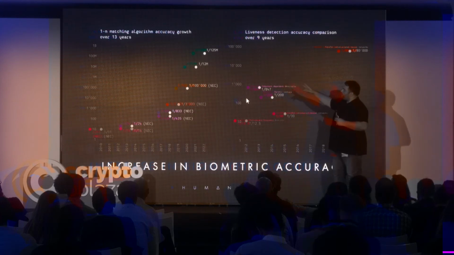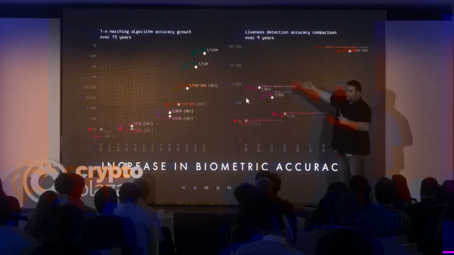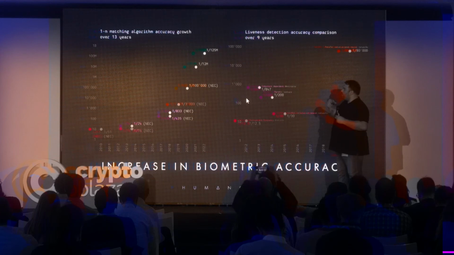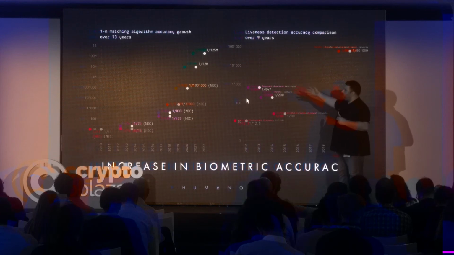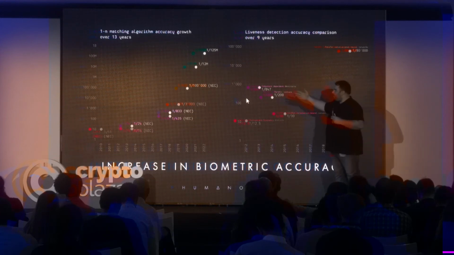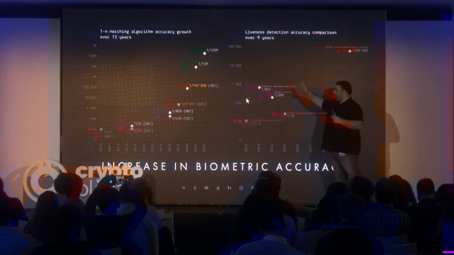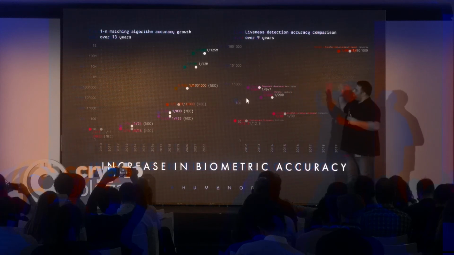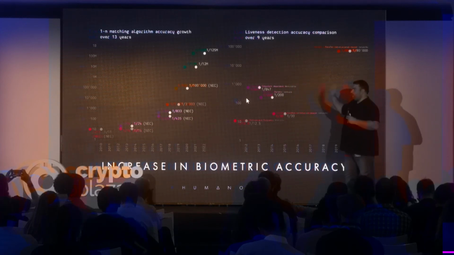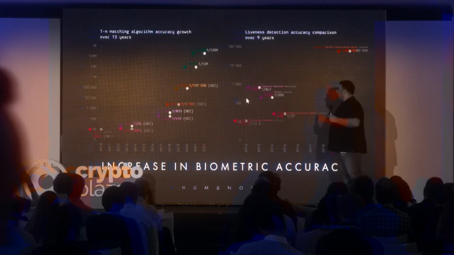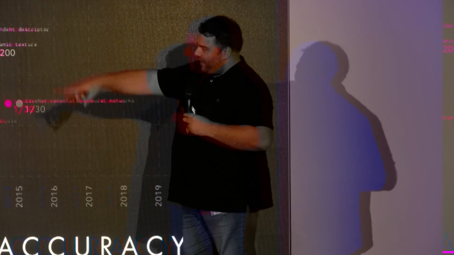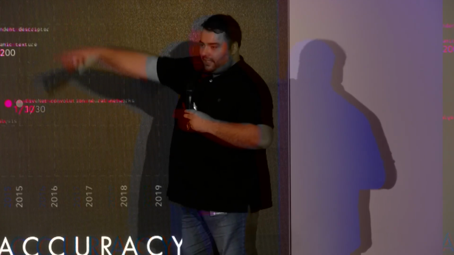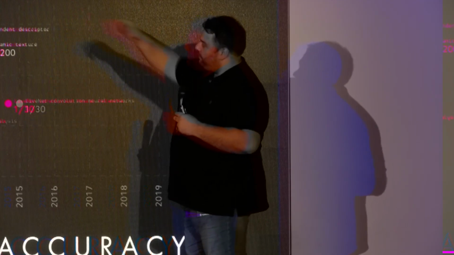Every 2 years or so, the precision grows tenfold. The guys in the biometric industry that we work with, and us of course, predict a tenfold precision growth every 2.5 years or so. You can notice that the graph is logarithmic on the left side, but the growth is still parabolic.